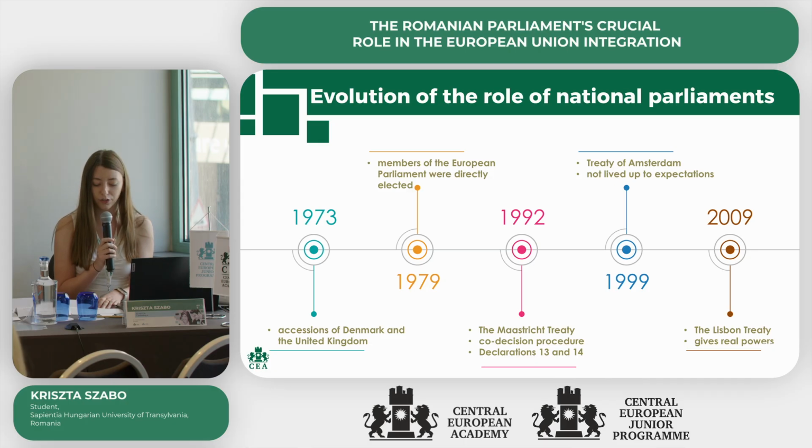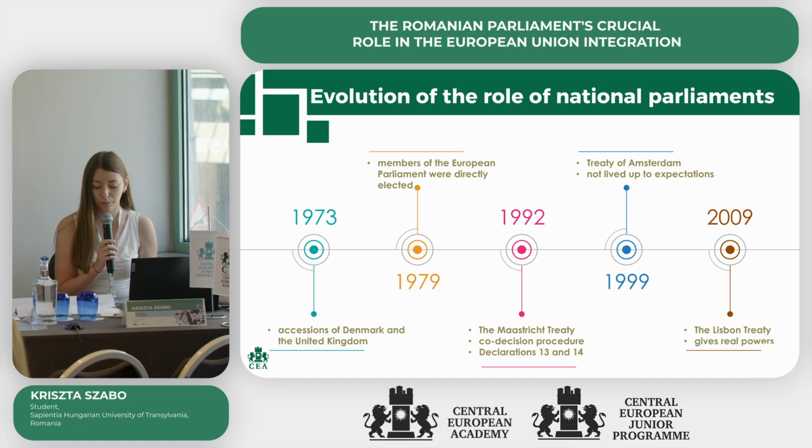Initially, the national parliaments' role was to help with integration, deepening and broadening it, but they had a marginal role in community affairs. The first big turning point was in 1973, with the accession of Denmark and the United Kingdom.